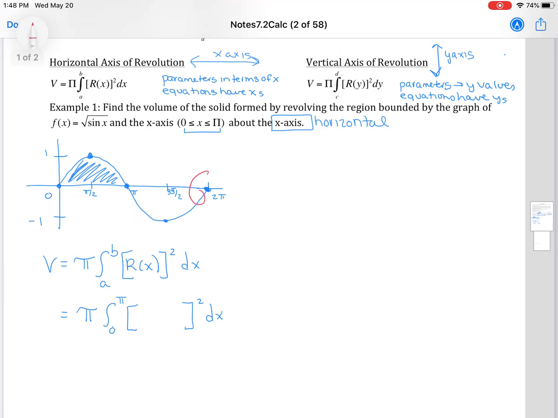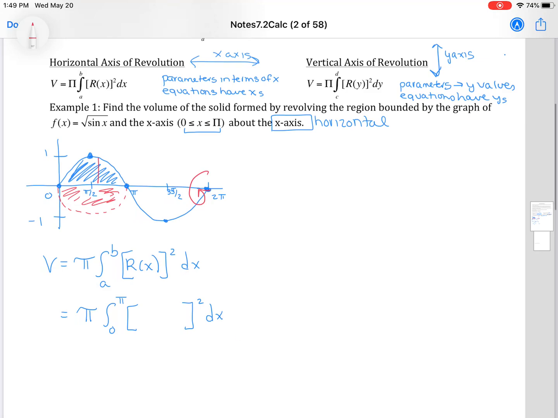Remember, we are going to rotate this around the x-axis. This blue shaded region now gets rotated, which means you're going to have a symmetry going on underneath it right here, and you're making some form of a 3D shape. In this case, it's a lopsided sphere a little bit. Now we have to calculate the uppercase R of x.